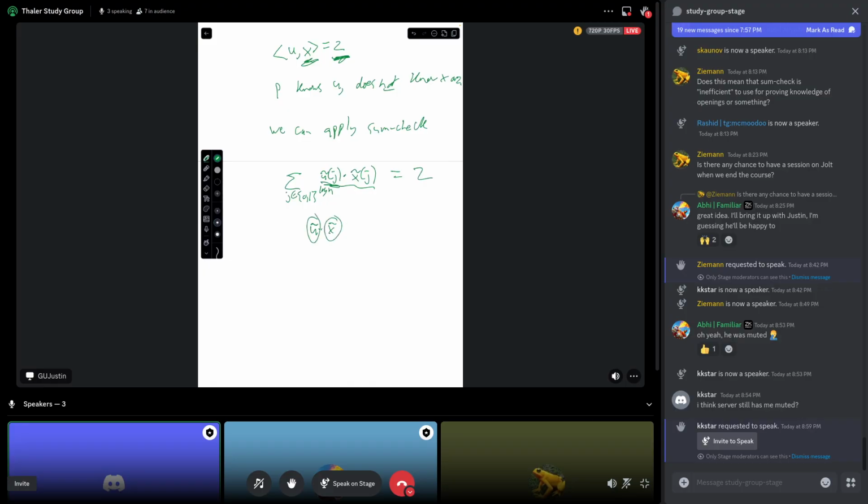All of the evaluations of X twiddle are hidden in some exponent, but U twiddle isn't. The prover does know G to each evaluation of X twiddle, so with a scalar multiplication, I can get G to the Ui times Xi. And that is actually what the Bulletproofs messages are.